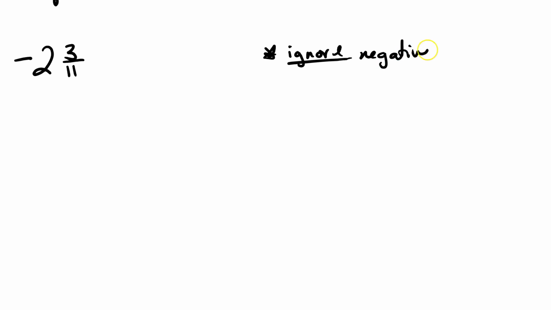What happens if we have a negative number? If I have something like negative 2 and 3/11, I'm going to ignore the negative and just stick it out in front.